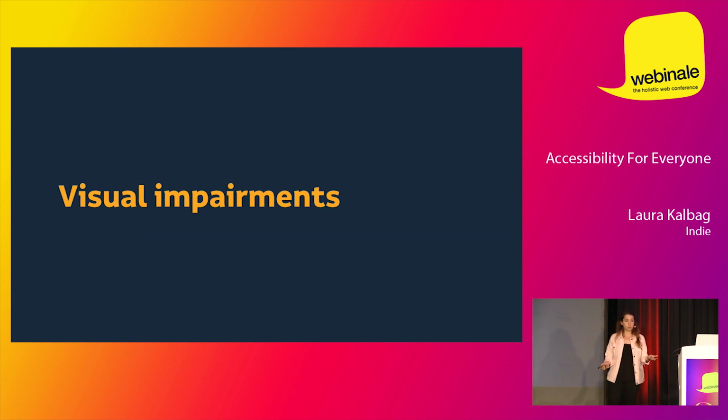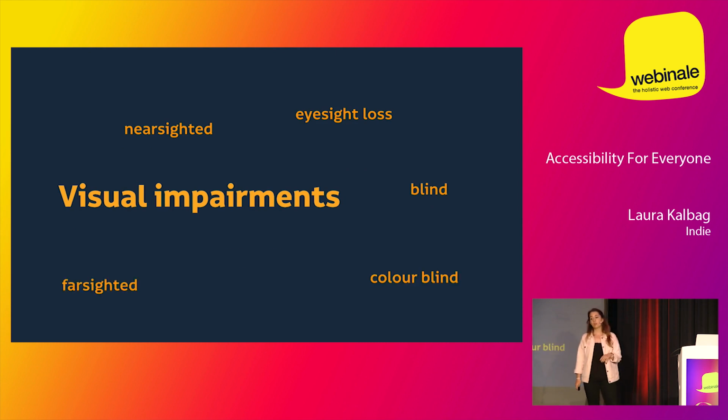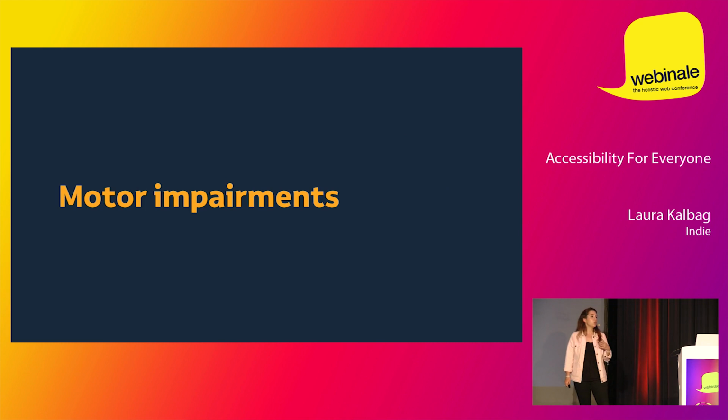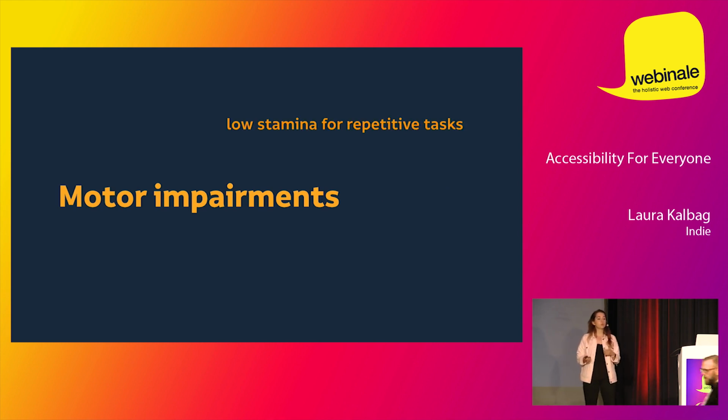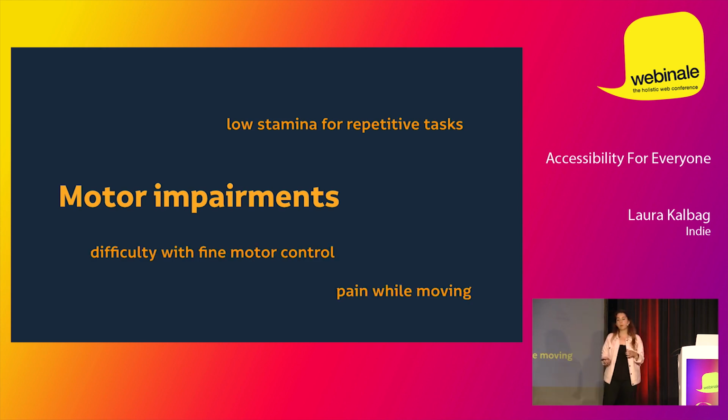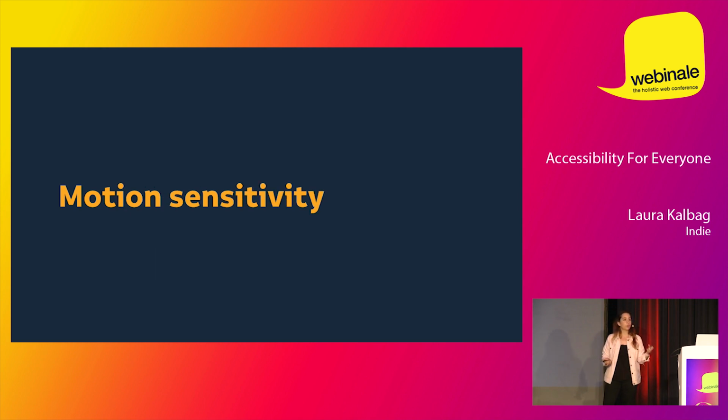So you might have a visual impairment. You might have an auditory impairment. You might have a motor impairment, and with this, the spectrum is incredibly huge, not just including impairments that affect your movement, but also having low stamina for repetitive tasks, difficulty with fine motor control, or pain while moving.